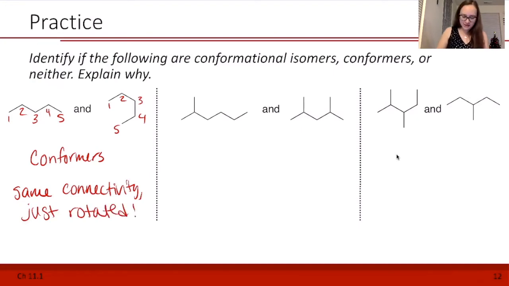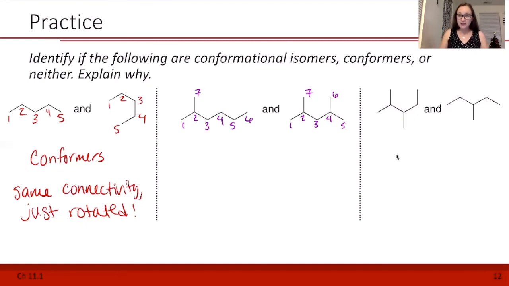Okay, let's try the second one. So let's do the same thing. Let's number and see how many carbons we have. 1, 2, 3, 4, 5, 6. We have a seventh one up here. 1, 2, 3, 4, 5, 6, 7. So awesome. We have the same number of carbons in this molecule, so the same overall chemical formula it looks like.